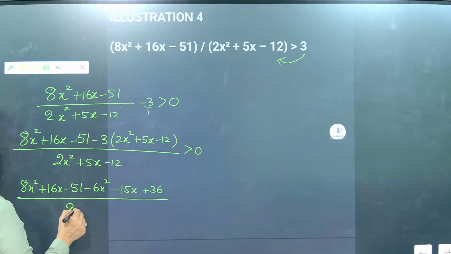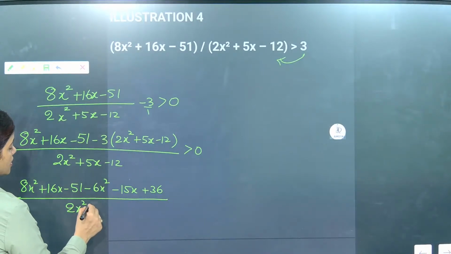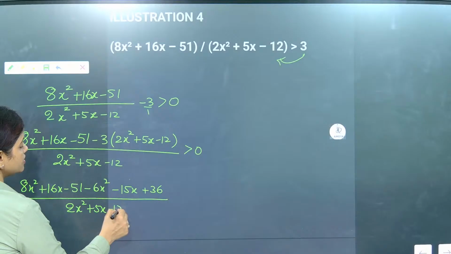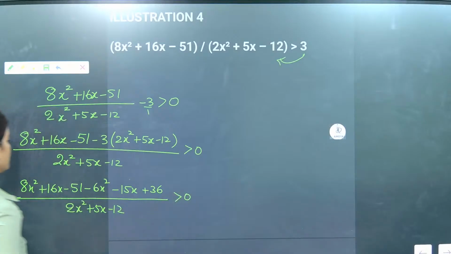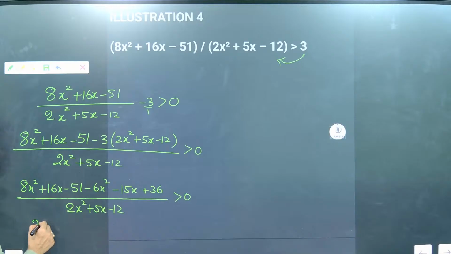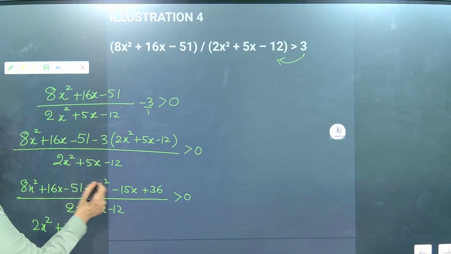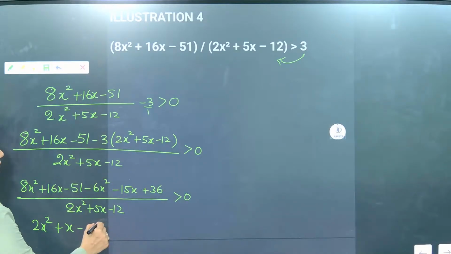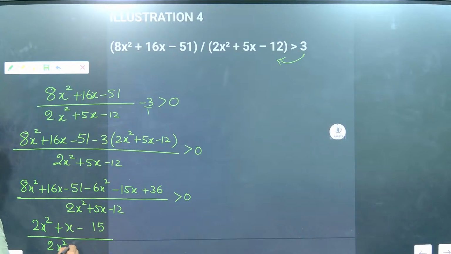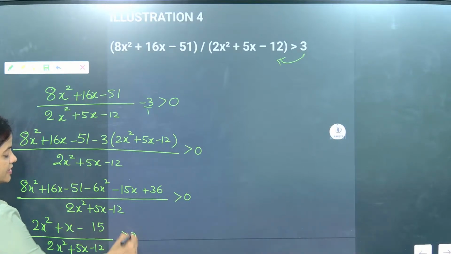Now 8x square minus 6x square becomes 2x square. 16 and minus 15 becomes x. Now minus 51 plus 36 becomes minus 15. So 2x square plus x minus 15 over 2x square plus 5x minus 12 greater than 0.